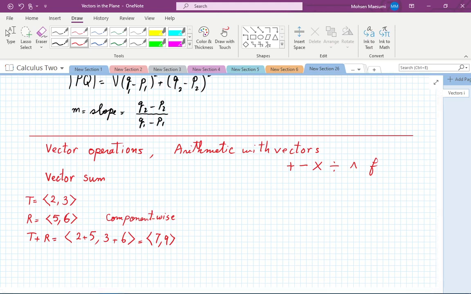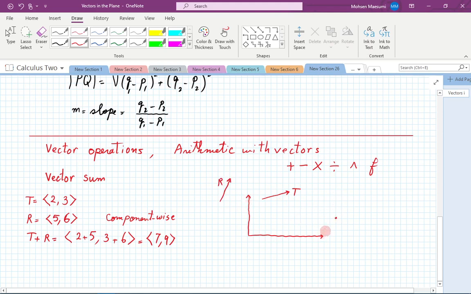But what does this mean? Remember, we said we can think about vectors as displacements, and the simplest way to understand the vector sum is in terms of displacement. I'm just going to draw this quickly without paying attention to whether it's the right scale. If I have vector t and some other vector r here, how do I add them up? We said we can move the vectors around and it will still be the same vector, so we choose some base of operation.